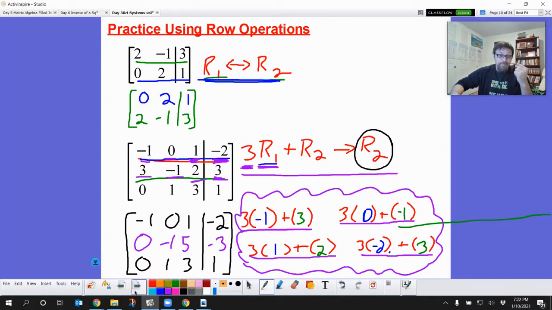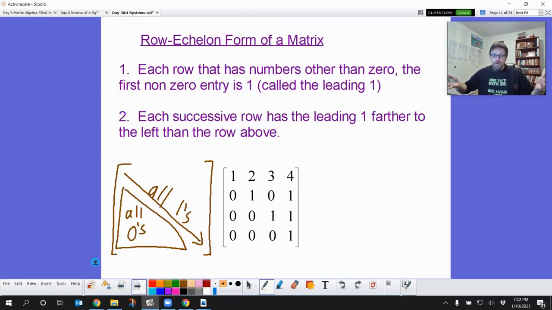The last thing I'm going to leave you with is, okay, so we know how to do row operations. How are we trying to solve them? We first try to get them into row echelon form. Row echelon form is a very fancy way of saying we have a diagonal of 1s and everything below it is 0. The way we're going to get there is we start up here, and the book talks about it like a staircase.